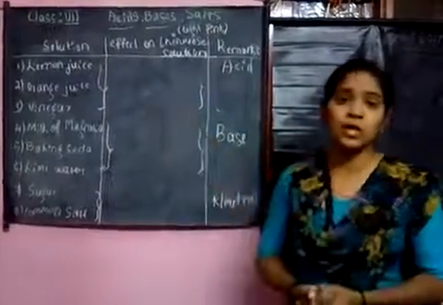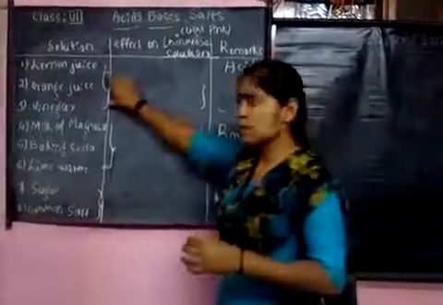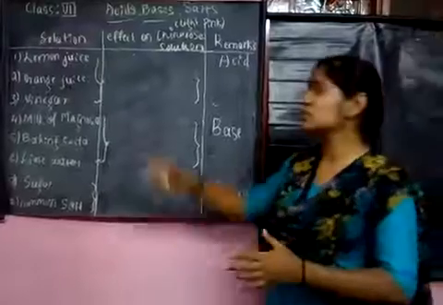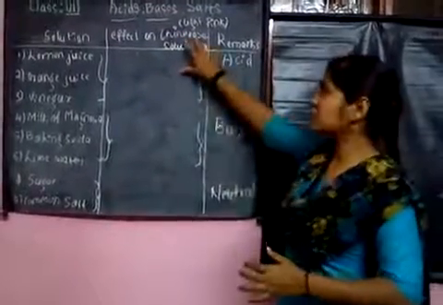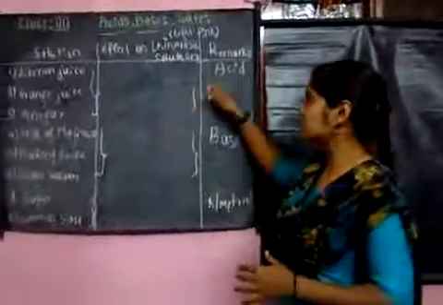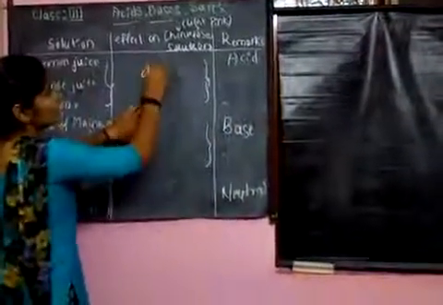So what is the color change? If the materials contain acidity, they change the China rose solution into dark pink. Here the light pink changes into dark pink, then we say that the materials are acidic. Here the color change will be dark pink.